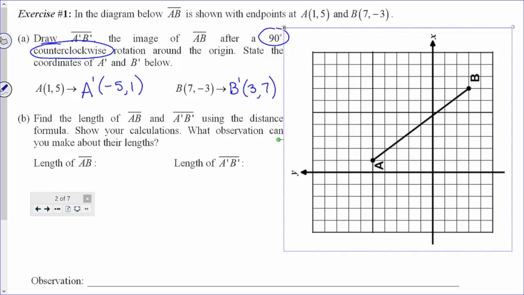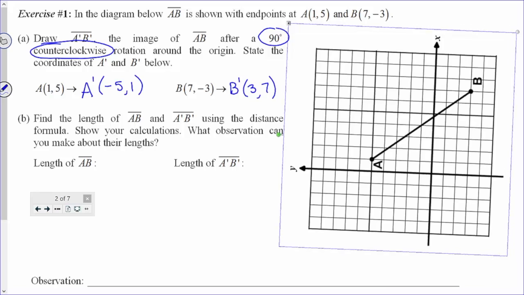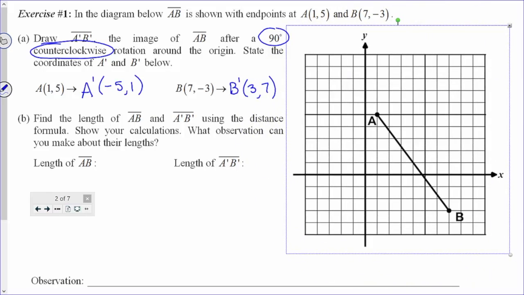Now, when you want to actually plot A prime, B prime, you simply rotate your graph paper back to the normal orientation and plot it. (-5, 1), there's my A prime, and (3, 7), there's my B prime.